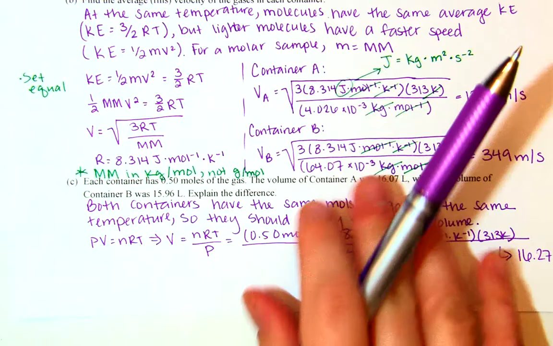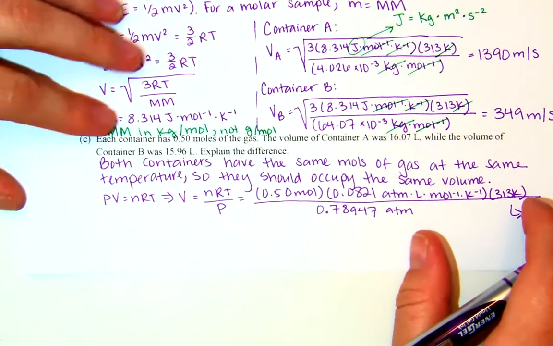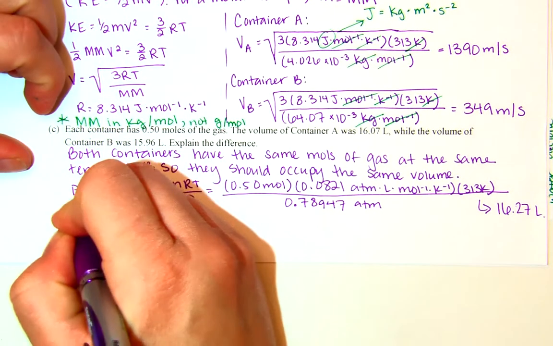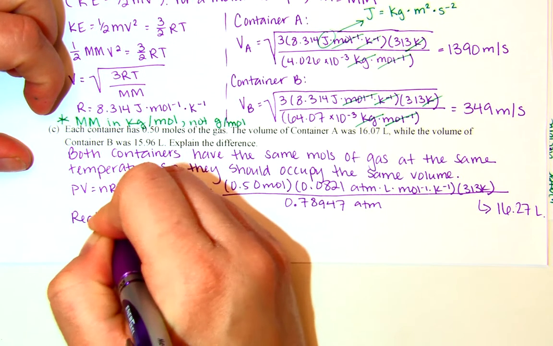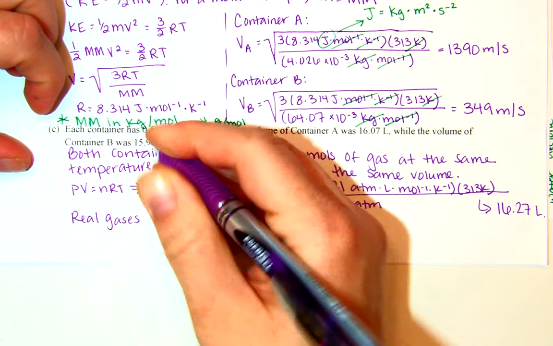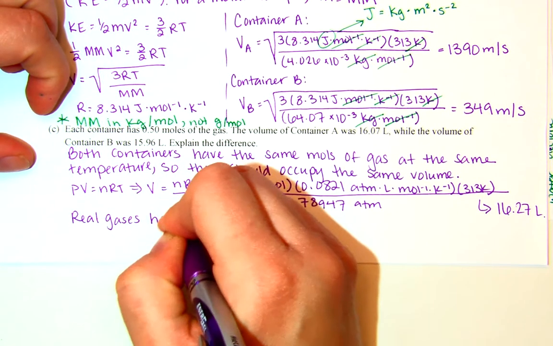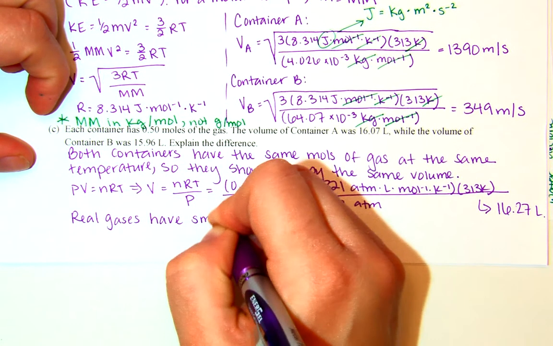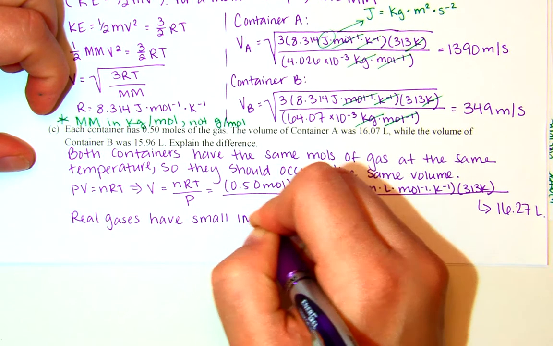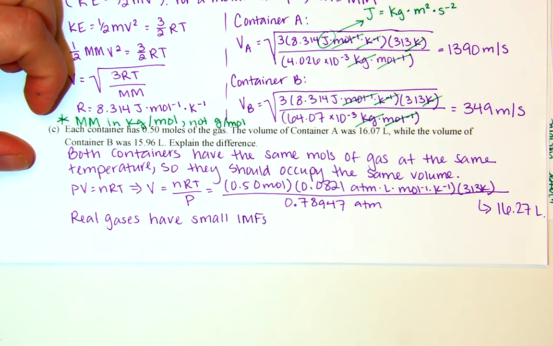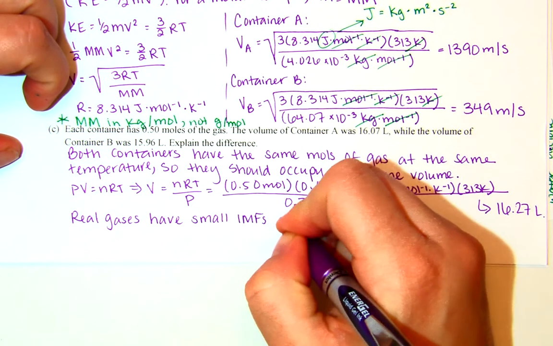So real gases, meaning not ideal, have small intermolecular forces. So they're still there. They're not negligible. They're still there. They're just much smaller than in a liquid or a solid. And they deviate from ideal because of that.